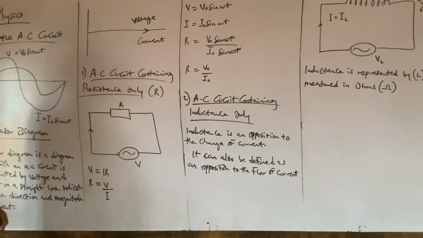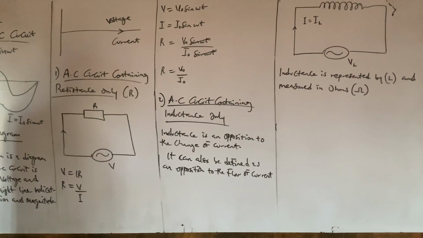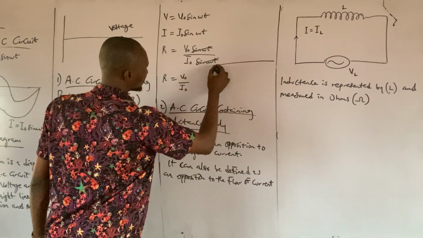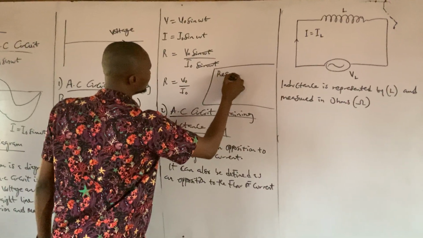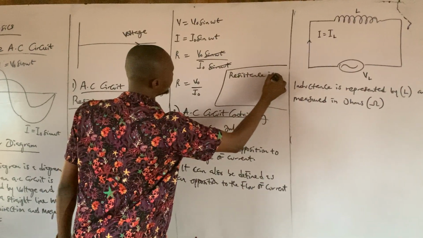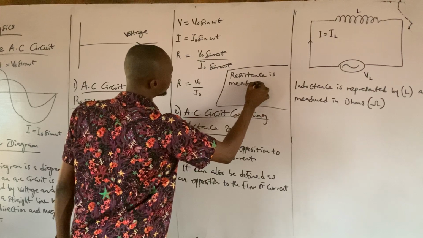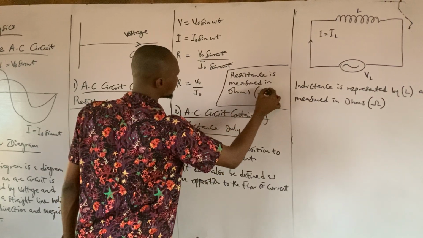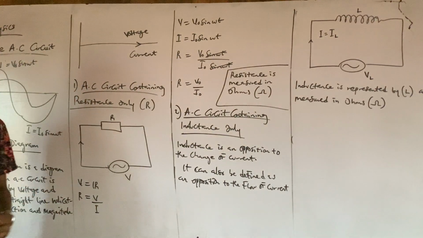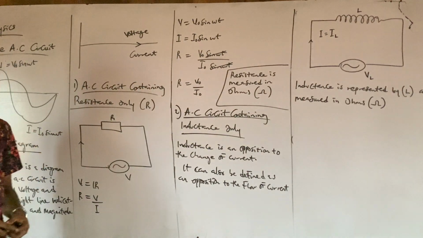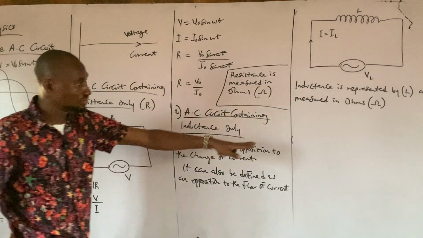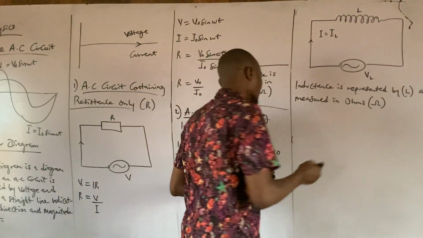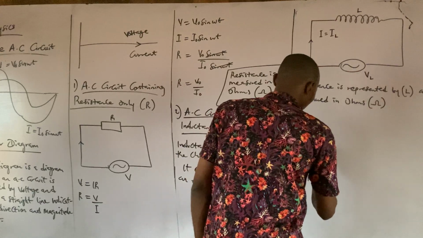But I didn't state it because we are conversant with resistance. So here, you need to know that resistance is measured in ohms, in brackets. Inductance is measured in ohms. Resistance is also measured in ohms.